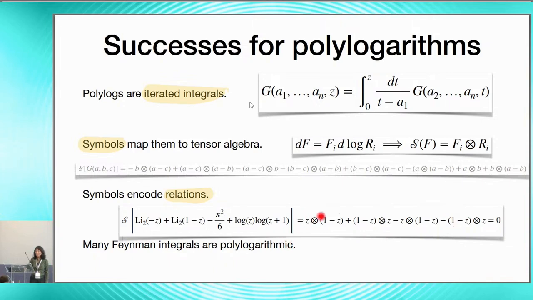So from this relation, you might still conclude, it doesn't follow directly that if a symbol of something is 0, that the thing itself is 0, but if you test some numerical points, you'd find that this indeed is identically 0. And the fact that the symbol is 0 is already telling you that you're pretty close to an identity. This is useful for Feynman integrals because many Feynman integrals are polylogarithmic, all at one loop and many even at higher loop order.